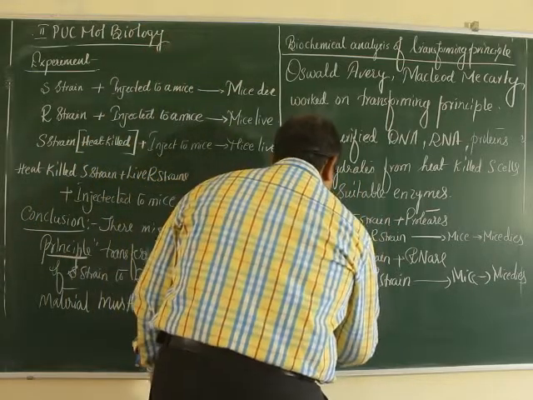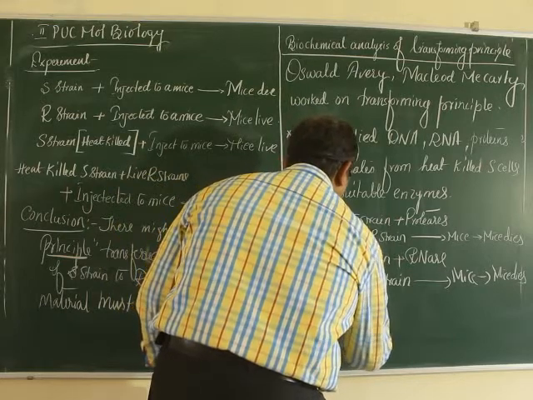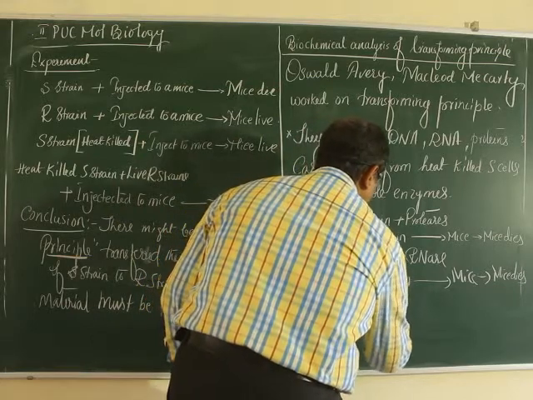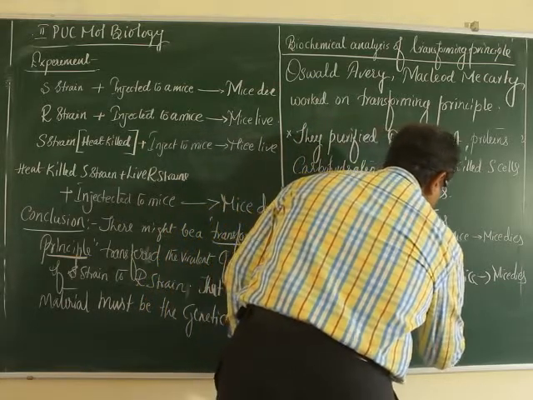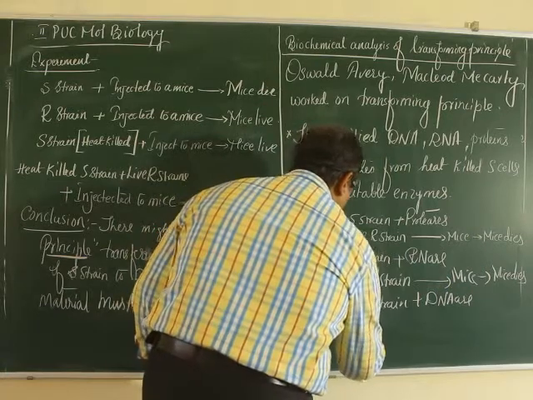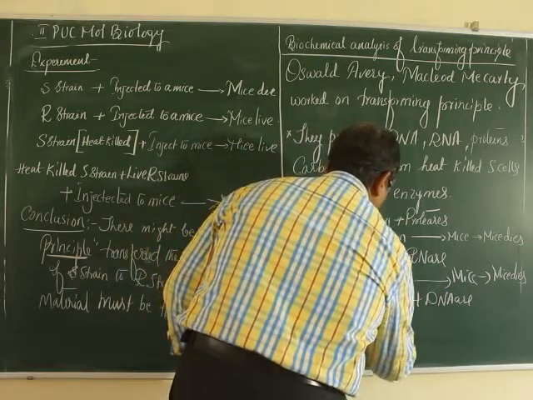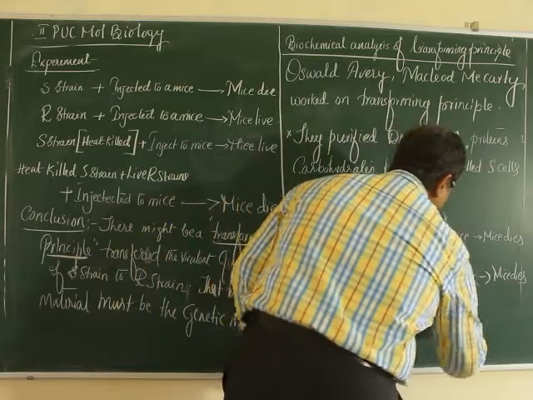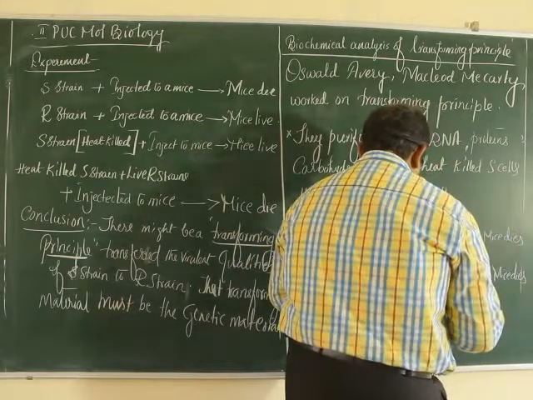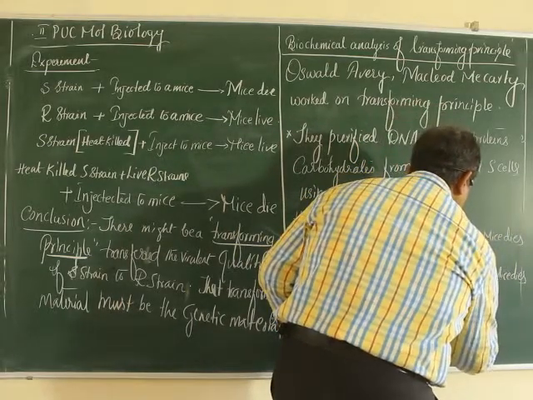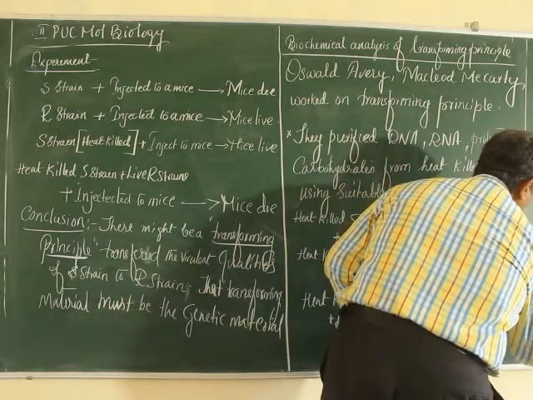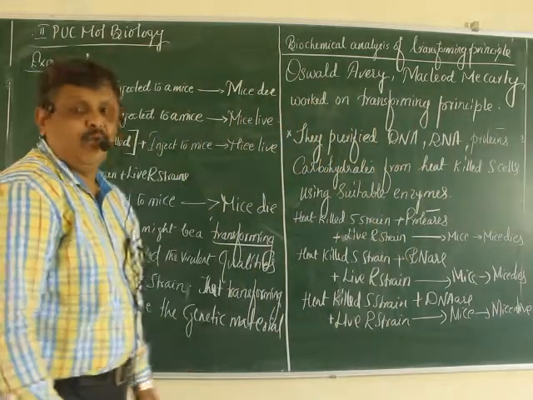They confirmed it. Then heat-killed S-strain, DNase, they used DNase, and live R-strain, and then injected to the mice, and the mice was able to live happily.